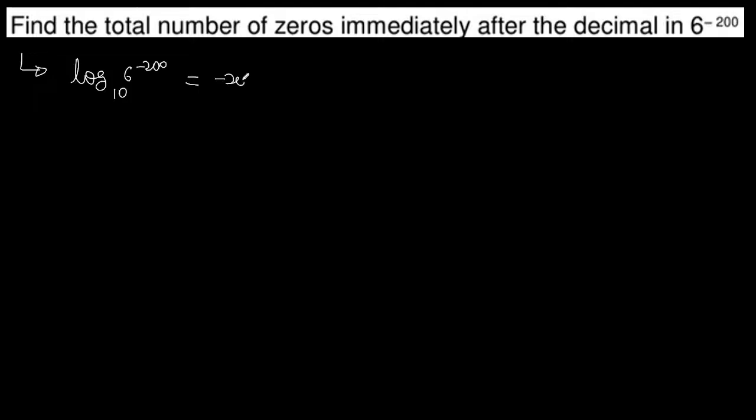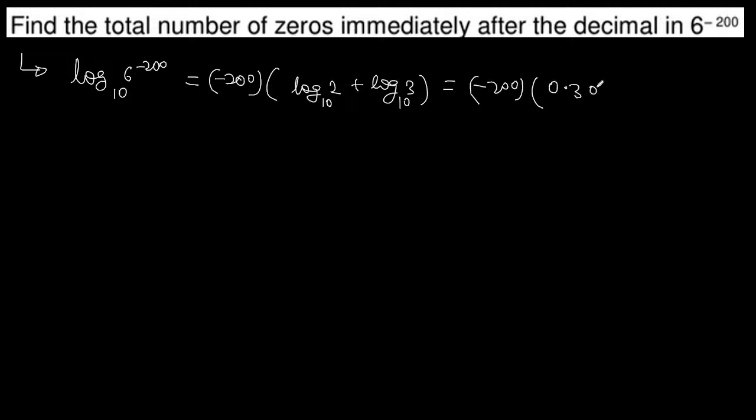This is minus 200 times log 2 base 10 plus log 3 base 10. This is minus 200 times 0.3010 plus 0.4771.